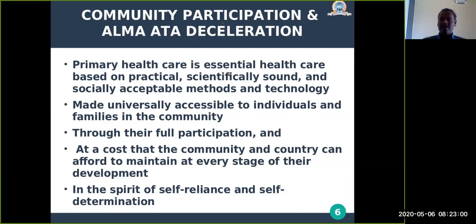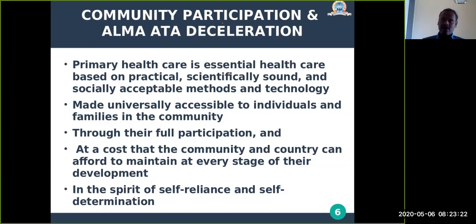But here the case is different. In Africa, there are primary health centers followed by health posts. These health posts are run by nurses and other staff. Primary health centers are run by physicians.